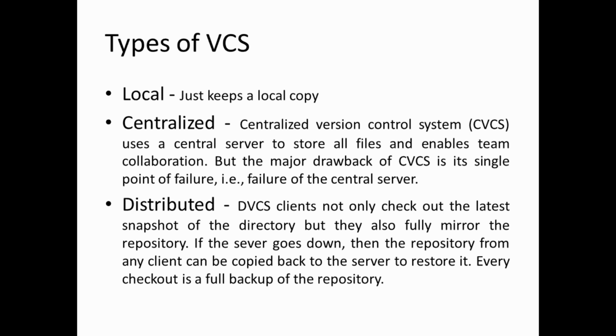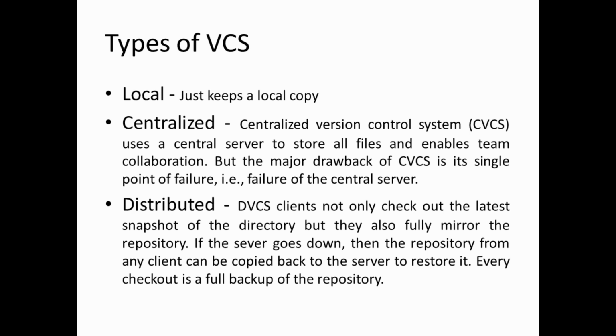So Git falls into the distributed version control system category. Okay, so that's what it says. DVCS clients not only check out the latest snapshot of the directory, but they also fully mirror the repository. If the server goes down, then the repository from any client can be copied back to the server to restore it.